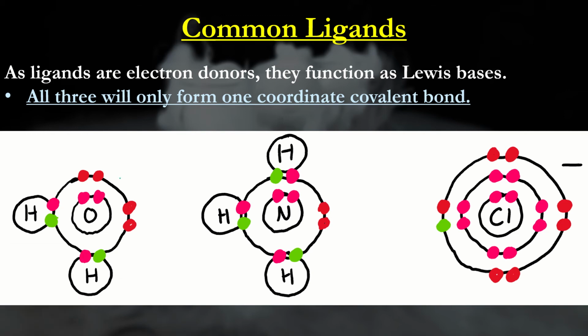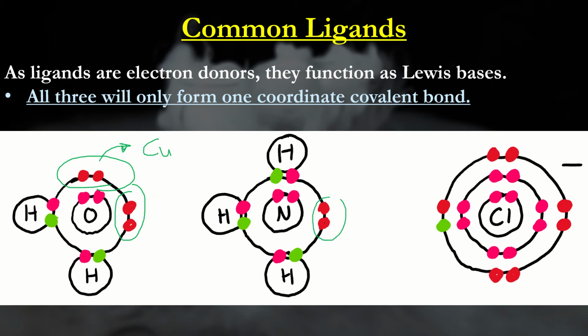The way we work this out is that although water has 2 lone pairs, if it attaches to something like copper, only one of the lone pairs would be facing the copper in the correct orientation. The other would be facing perpendicular, away from it, and so it can only form one.